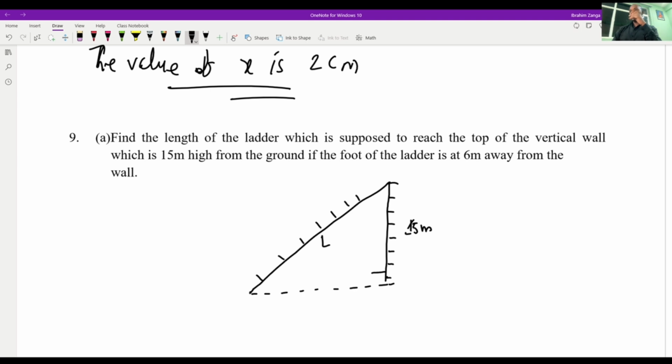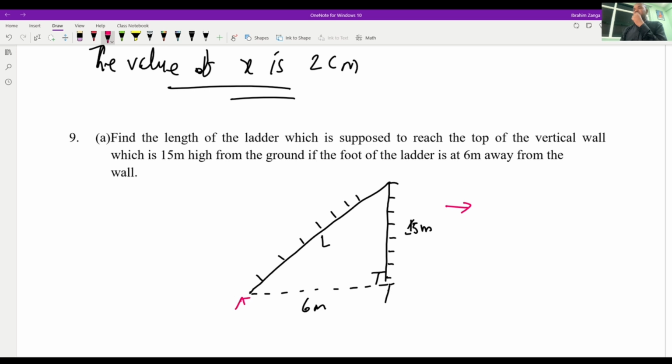So we have to find the length of the ladder, where we were given that the foot of the ladder is at 60 meters away from the wall. So away from the wall, it means from the wall to the ladder is 60 meters. Principally, we are going to use Pythagoras theorem here.